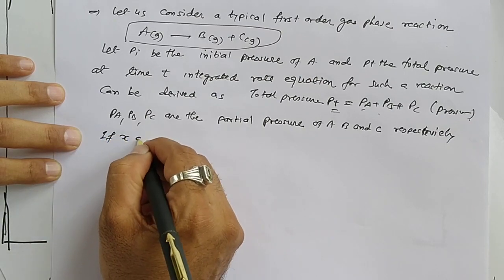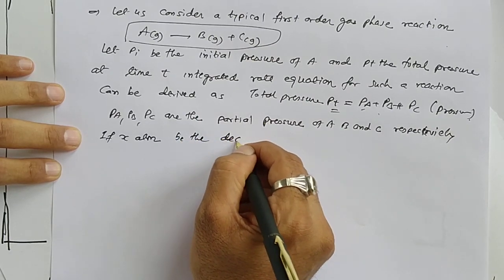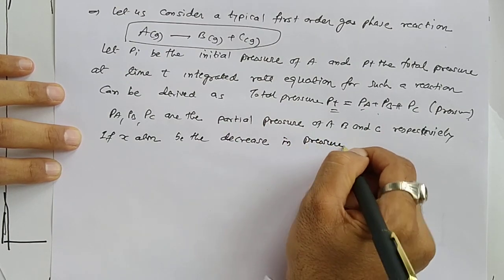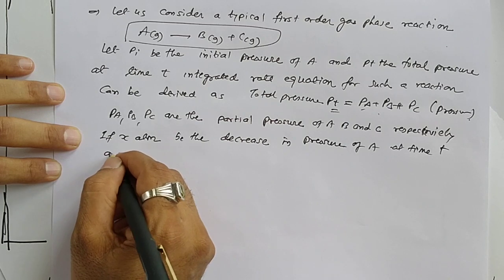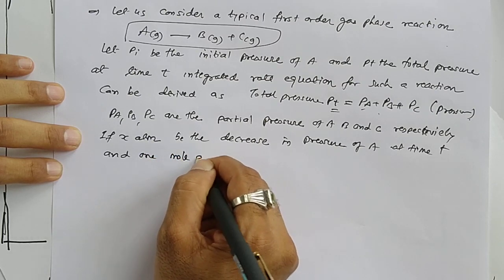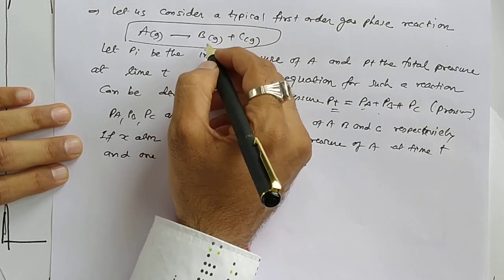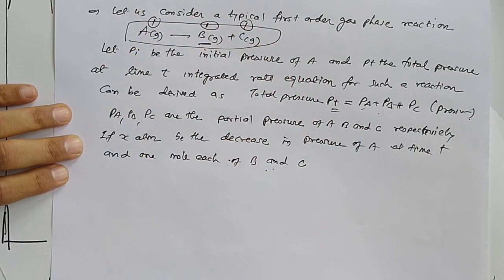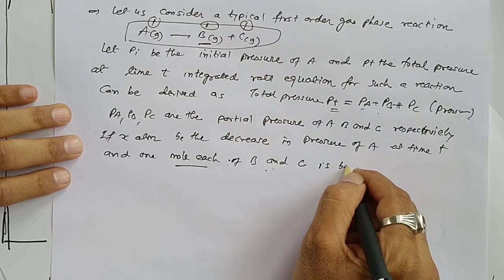If X atmosphere be the decrease in pressure of A at time t and 1 mole each of B and C. 1 mole each means whenever 1 mole of A is consumed, it produces 1 mole of B and 1 mole of C. 1 mole each of B and C is being formed.